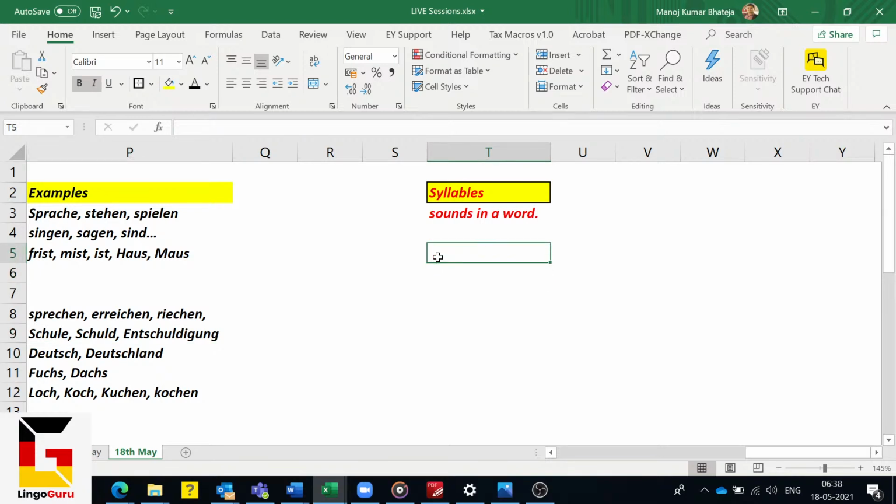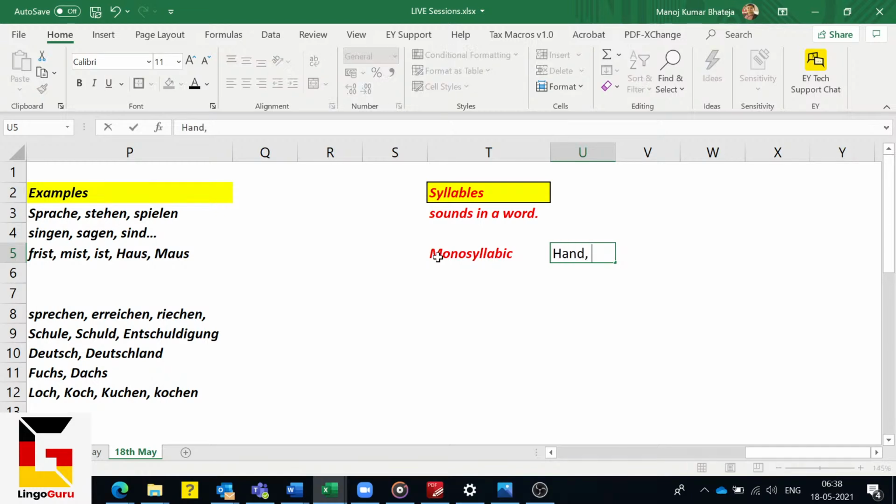So we have monosyllabic words. Monosyllabic words are when we have only one sound in a word, like Hand, Land, Kopf. You see, there is only one vowel. Hence, we will not create two sounds for such words.